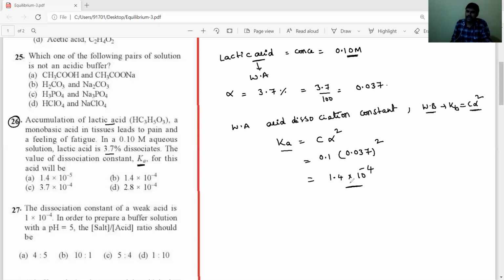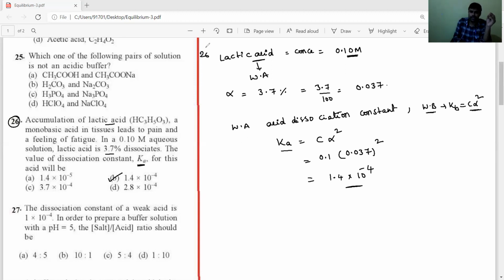The simplifications you just have to practice, then we'll get exact answers. So 1.4 into 10 to the power of minus 4 is presented in option B. So the answer is B. You have to remember lactic acid is a weak acid and the alpha value is given. In that case, the acid dissociation constant formula is Ka equal to C alpha square. You substitute the C value and the alpha value, and on simplification we get the proper answer.